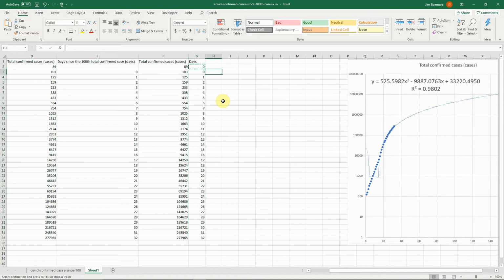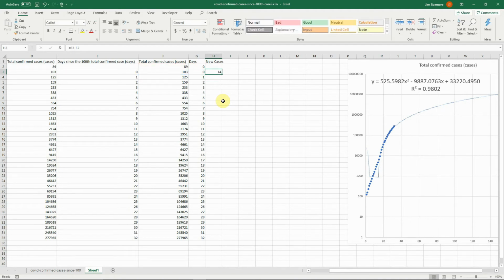Now, new cases. New cases are going to be, oops, don't want to do that. They're only going to start here, equals, it's going to be 103 minus the 89.